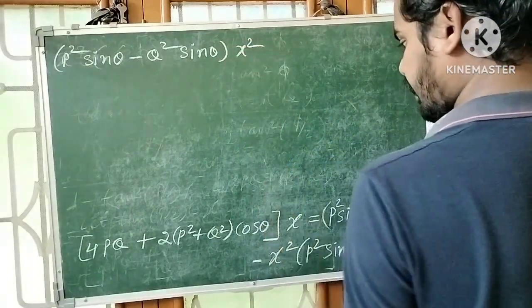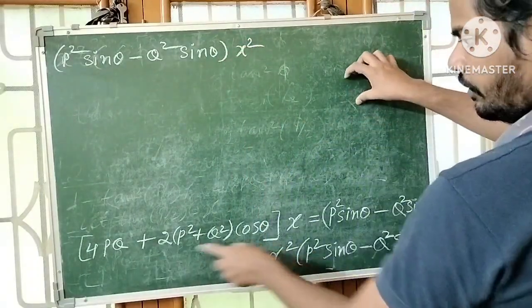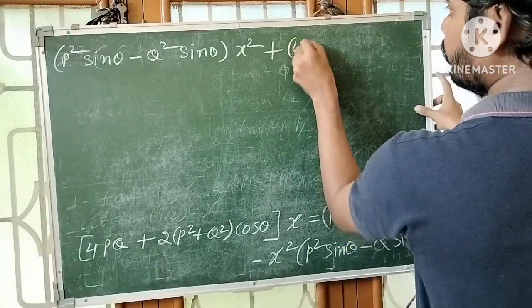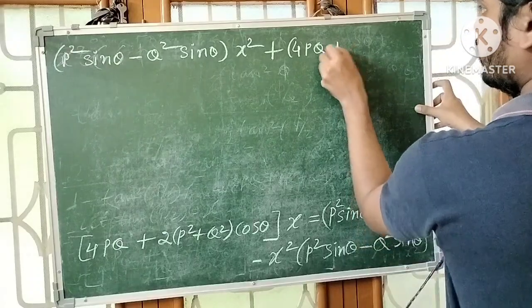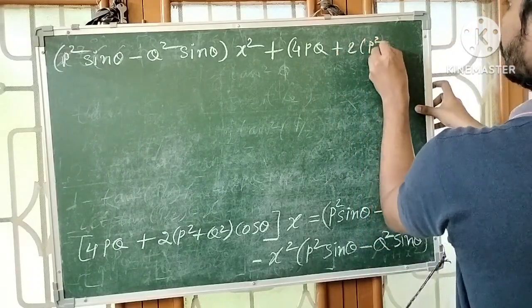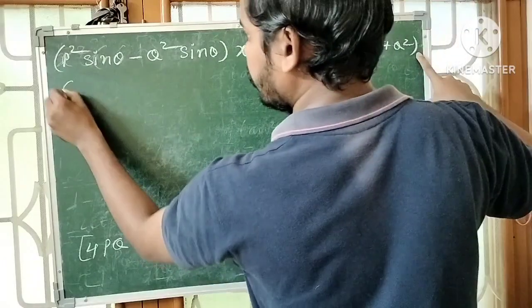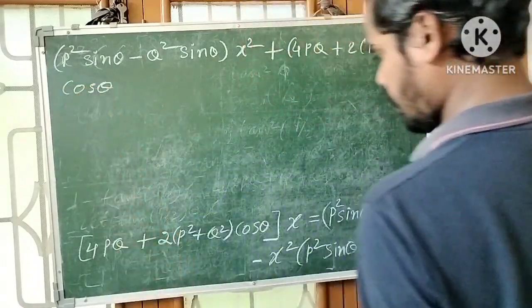Next, the x term: on the left hand side we have x times (4pq plus 2 into (p square plus q square) into cos theta).